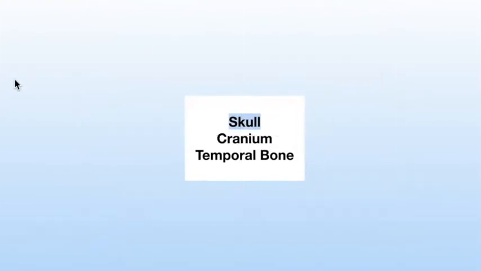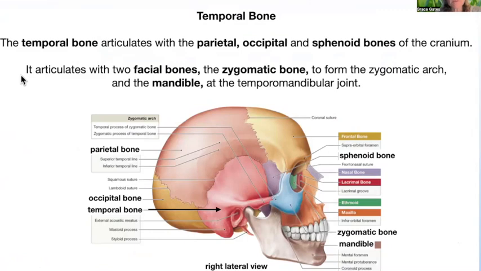Okay, we will complete the cranium with the temporal bone. So the temporal bone articulates with the parietal, occipital, and sphenoid bones of the cranium. It also articulates with two facial bones, the zygomatic bone to form the zygomatic arch and the mandible at the temporomandibular joint.